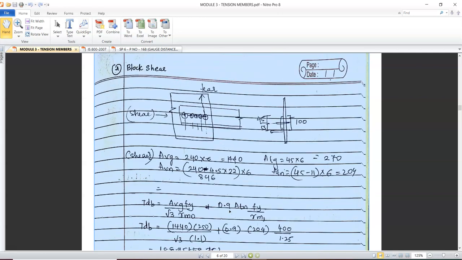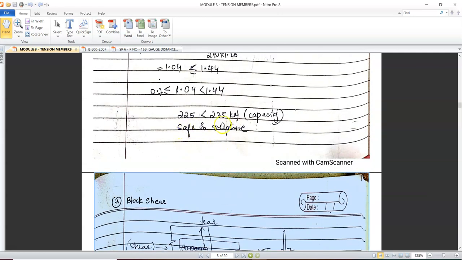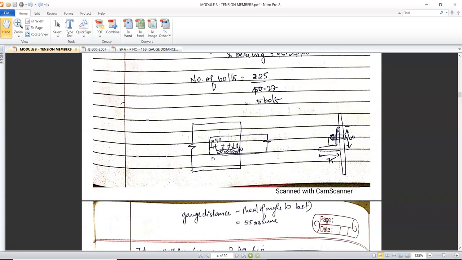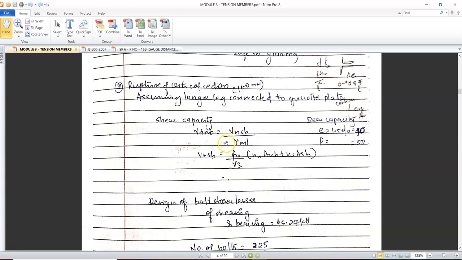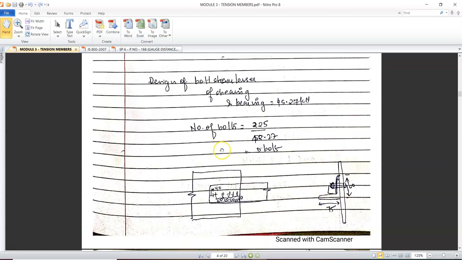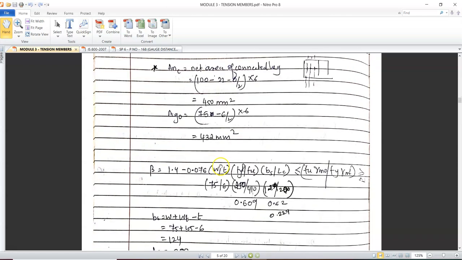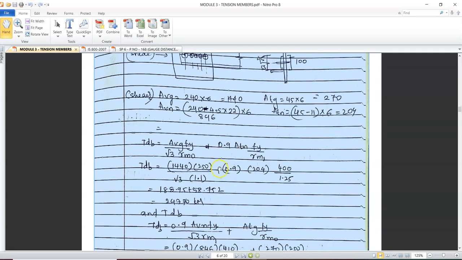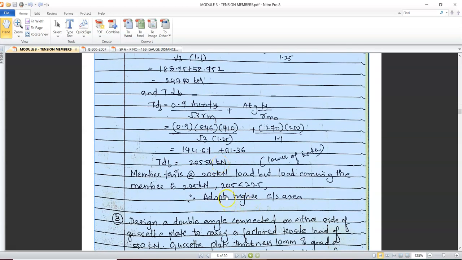So though it is safe in rupture and yielding, but it fails by block shear.